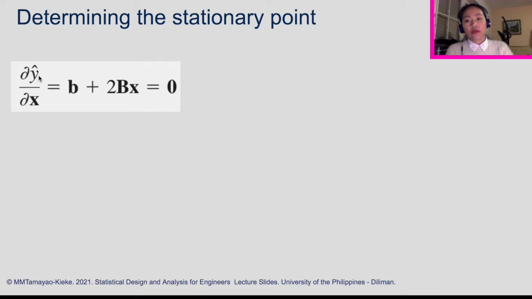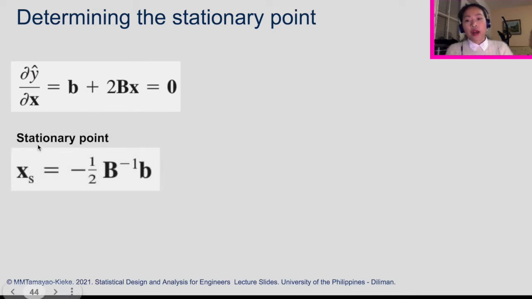So the derivative of y hat with respect to x is just this one, equal to 0, and therefore our stationary point, x sub s, is equal to negative 1/2 B inverse times b.